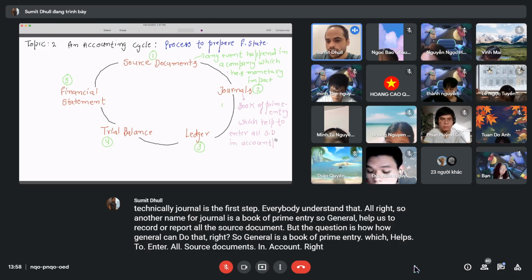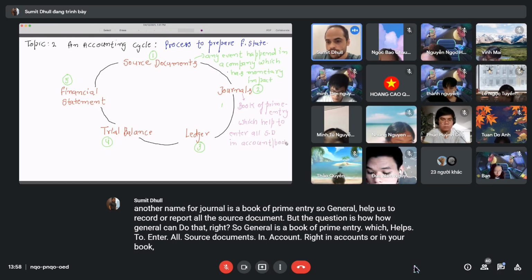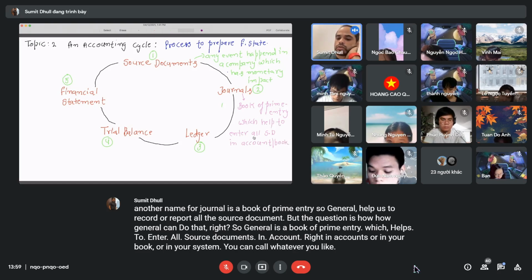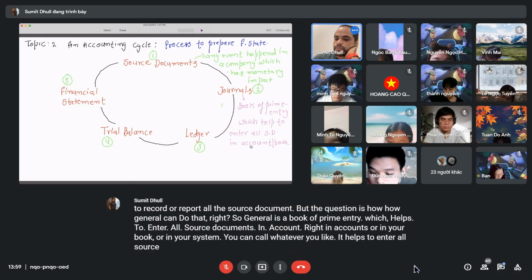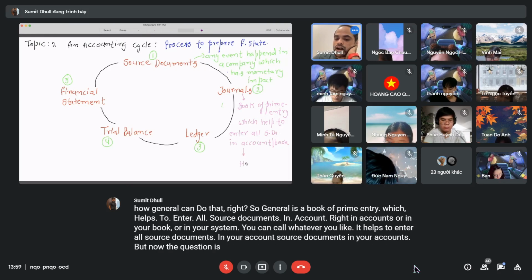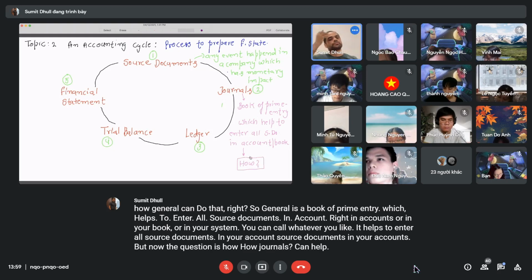In accounts or in your book or in your system, you can call it whatever you like. It helps to enter all source documents in your accounts. But now the question is how? How can journals help? All right. How can journals help?